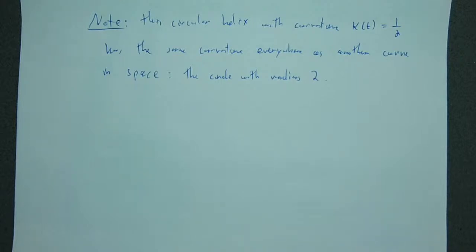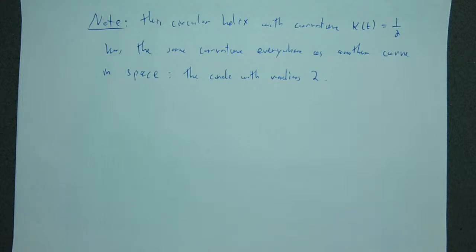And so we've just shown that there is an example of a curve that has the exact same curvature as the circle, but it's certainly not a circle. The circular helix is definitely a different curve than the circle, but they have the same curvature. So this is the difference between plane curves and space curves. In the plane, for a plane curve, the curvature totally determines the curve.